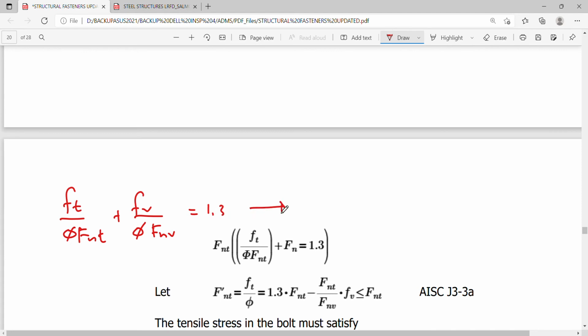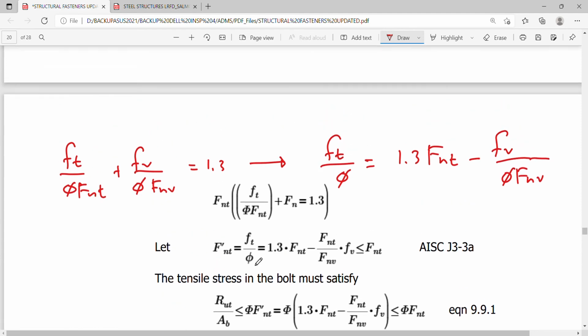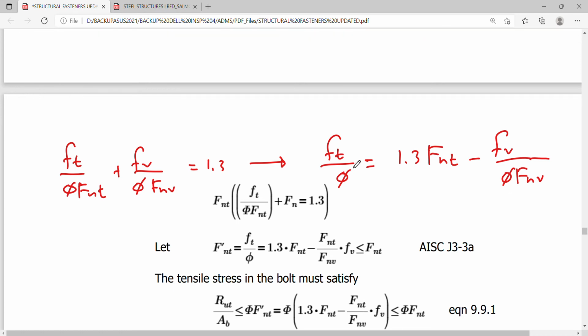So this is actually simplified in terms of Ft over phi in this form. So we simply get the value of 1.3 Fnt minus Fv over phi Fnv. You will notice that in this equation, your Ft over phi has no phi there. There's an Fnt here.